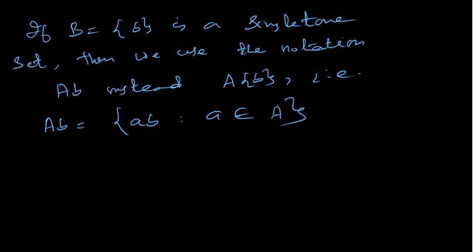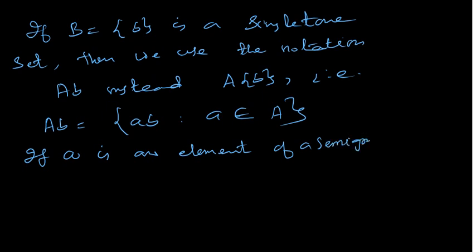And if we have a semigroup without identity, if a is an element of a semigroup S, then Sa, what is Sa?